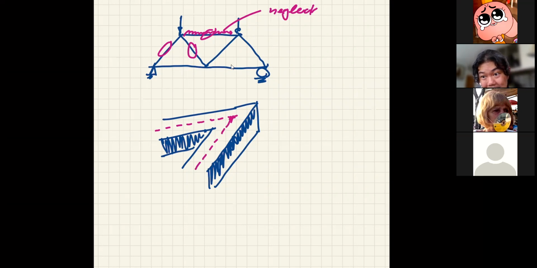It doesn't matter much because what we do not account for at this corner is so tiny. As long as you connect them right, like if this is a concrete beam, as long as you have the reinforcing steel through the end like this, things are going to be okay.